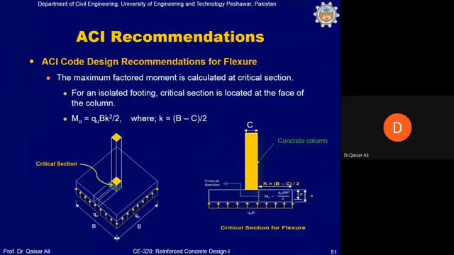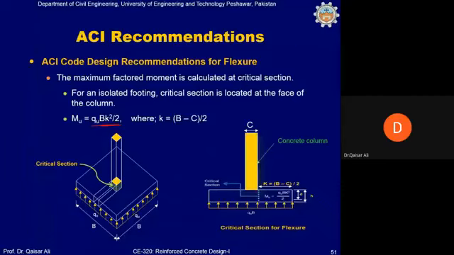You will see now. The maximum factored moment is calculated at the critical section, which for an isolated column footing is located at the face of the column. If you remember, in the case of wall footing, the equation was Mu equal to qu times b times k square divided by 2, and b was taken as 1. But in this case, b is not taken as 1 because b will be the other dimension.